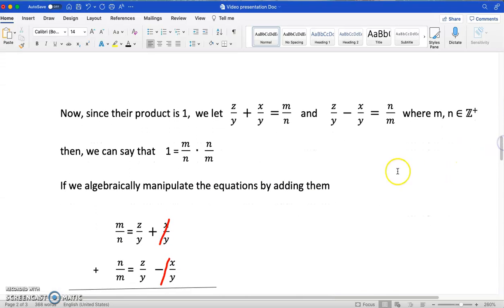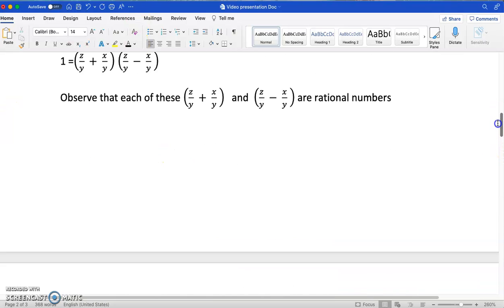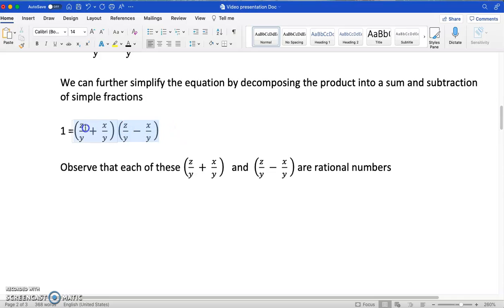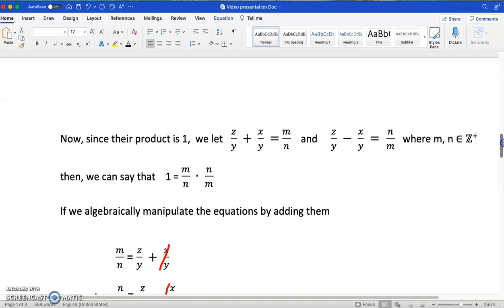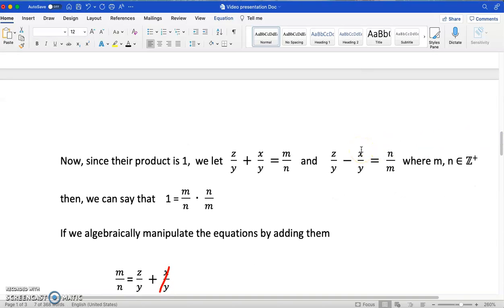Now, since the product of these two here is 1, as you can see, let's do something. We're going to let this factor equal m over n, and this other factor n over m. Why are we doing this?